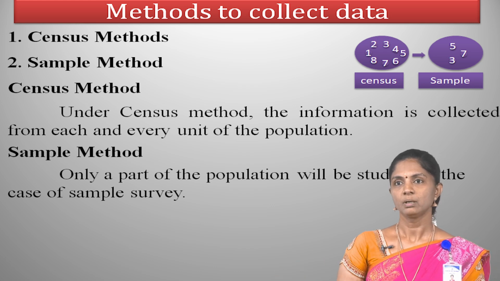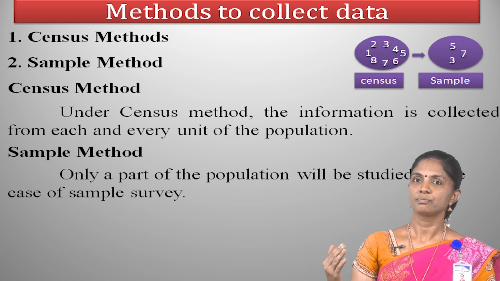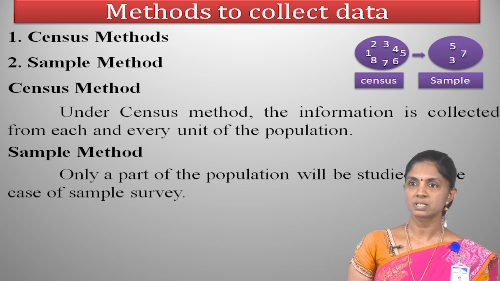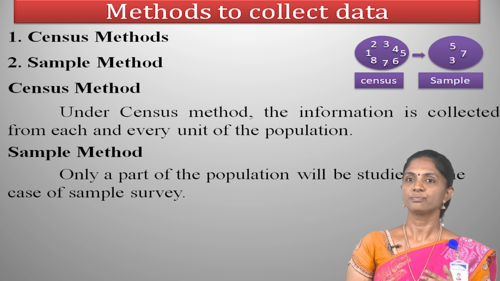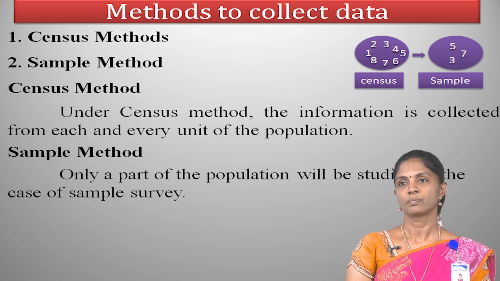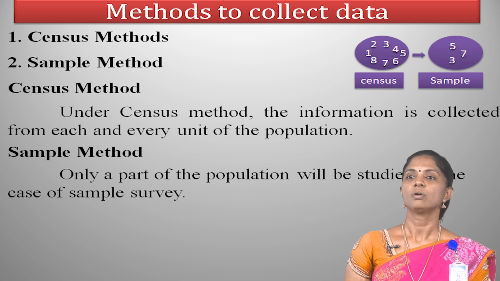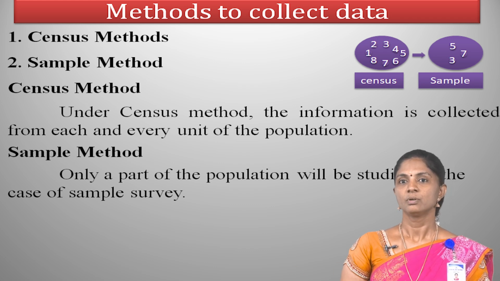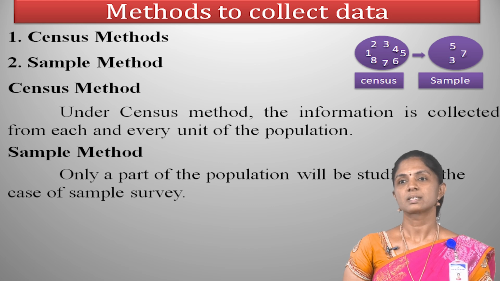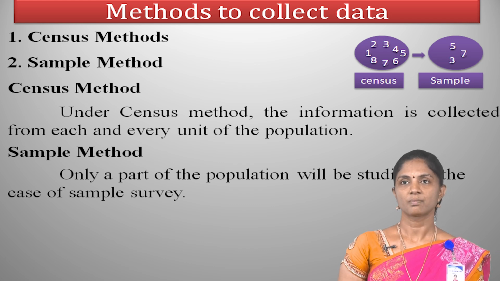For example, if we are going to find the average expenditure of the students of a university, and if there are 5,000 students studying in that university, we must study the expenditure of all 5,000 students. This method is known as the census method, also called the census survey.